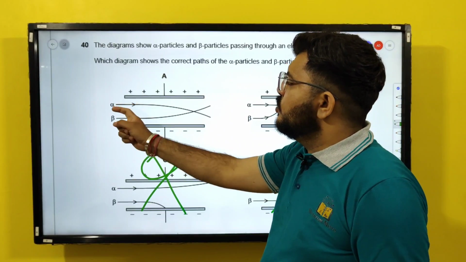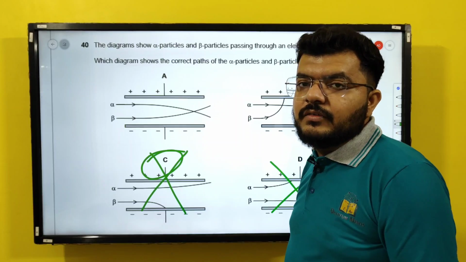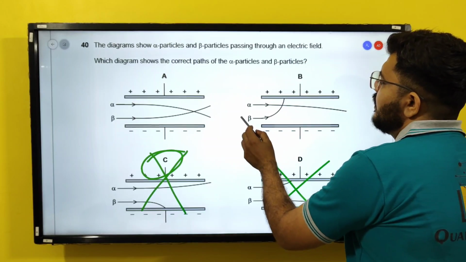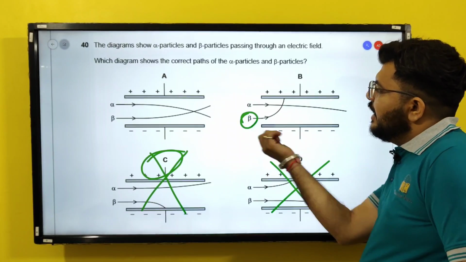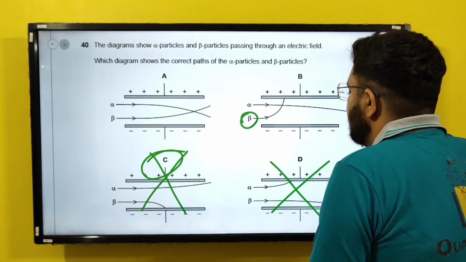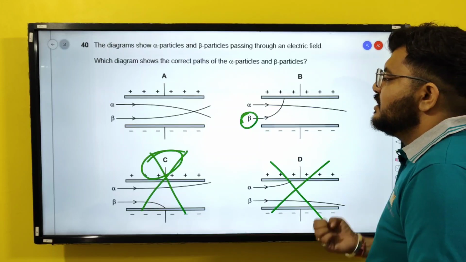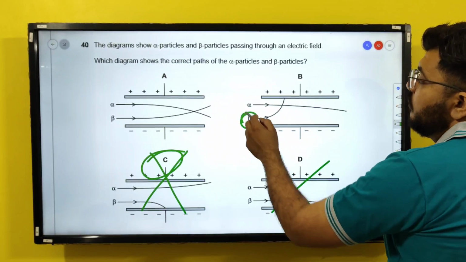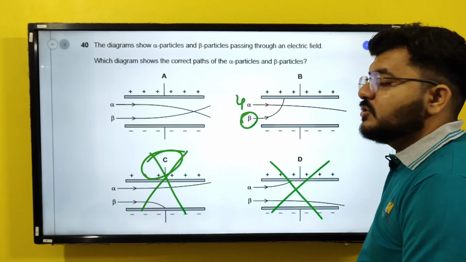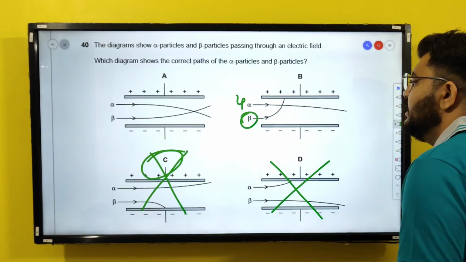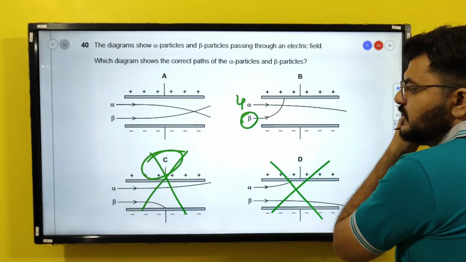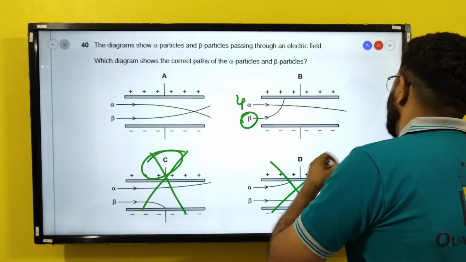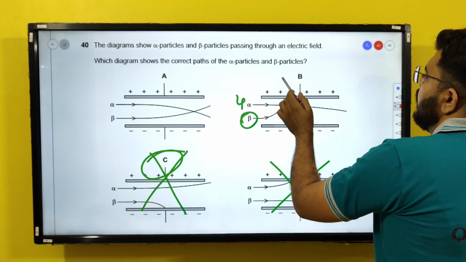Now in this it is shown that alpha and beta get attracted with the same magnitude. But what must happen is beta will be attracted faster. Its path can be changed more easily, right? Because beta has less mass. Alpha has 4 times the mass of beta, so its momentum cannot be changed so easily, right? Force cannot be exerted on it so easily if equal forces are acting. So option B is correct here.